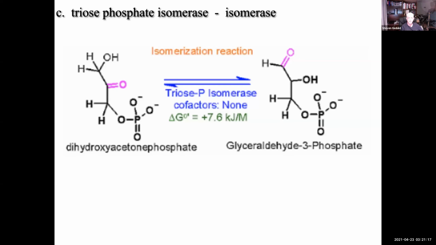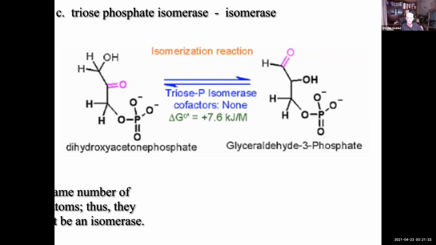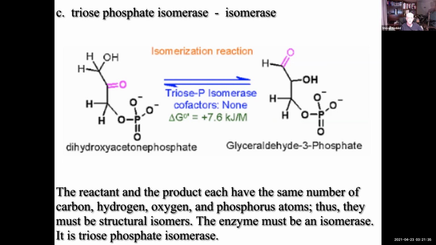So dihydroxyacetone phosphate, this is an isomerization reaction. In other words, if you count the number of carbons, oxygens, phosphates and hydrogens, it's the exact same on each one. Okay, they're isomers. So this is an isomerase. It's just that the location of the transfer is going to be different. So the reactant and the product each have the same number of carbon, hydrogen, oxygen, phosphorus atoms.